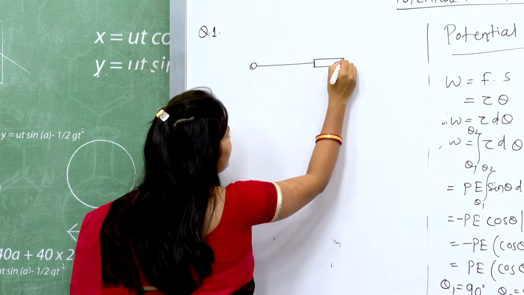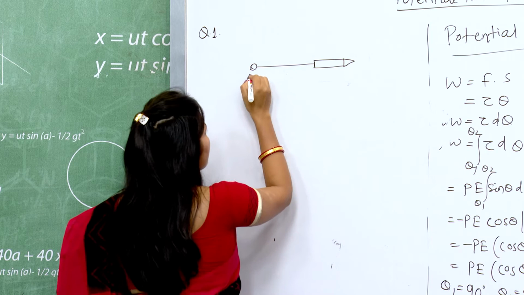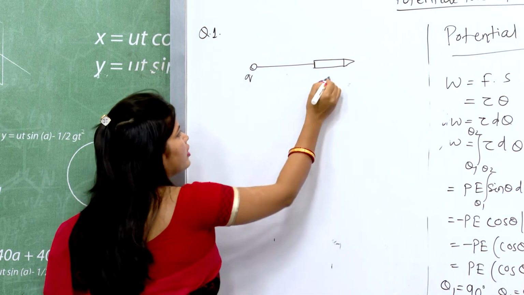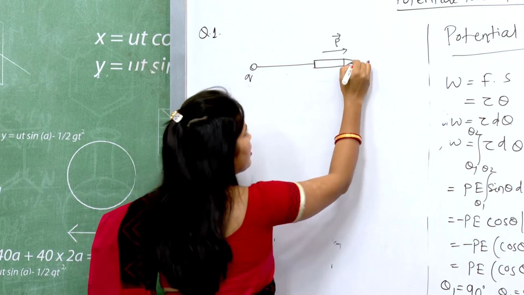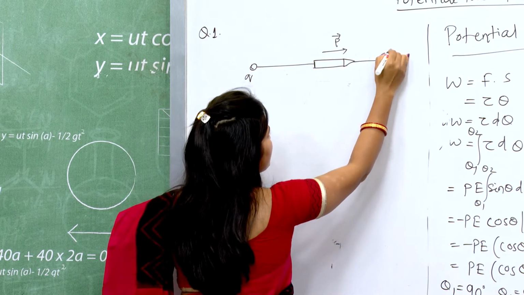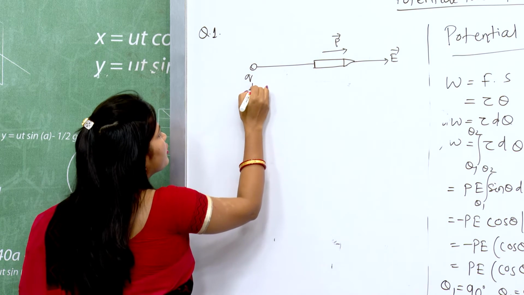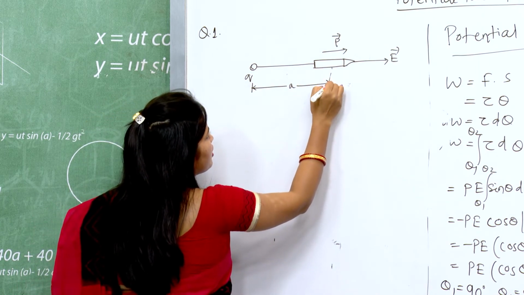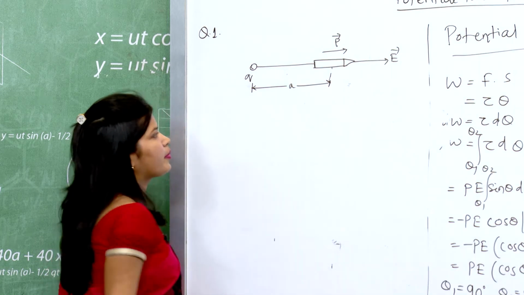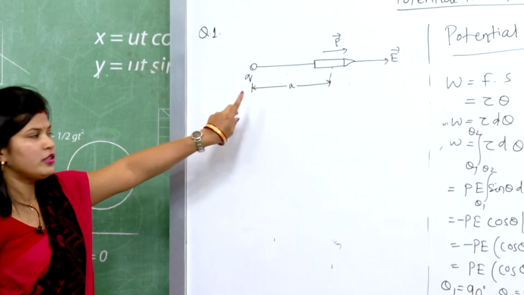This is the point charge q and this is the dipole. The dipole moment is in this direction and the electric field is in this direction. The distance between the point charge and the center of the dipole is A. Then what is the potential energy of this system?